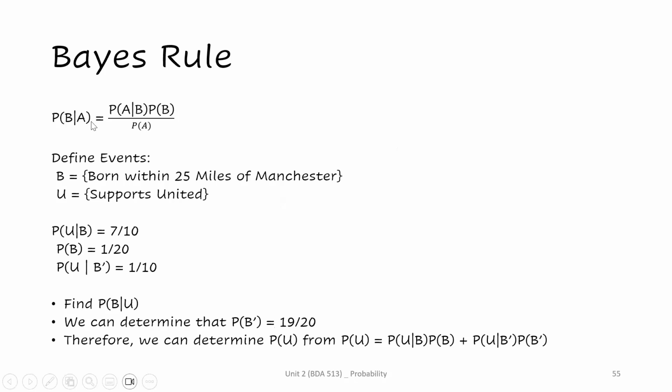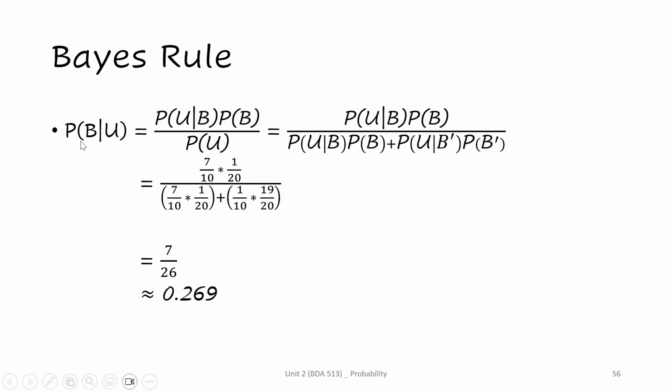The probability of B given A is A given B times B divided by the probability of A. Now we are not using BA, we are using UB, but it's the same principle. So the probability of B given U is the same as the probability of U given B times the probability of B divided by the probability of U.